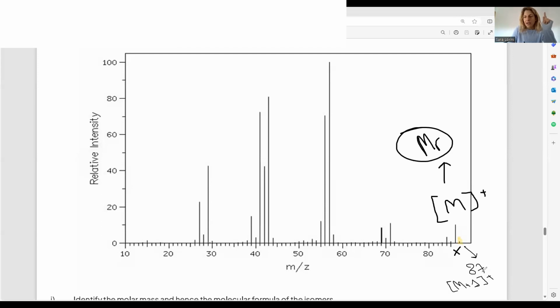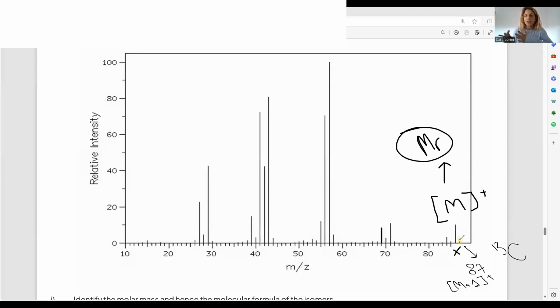The only reason why you have an M+1 is because of the carbon-13 isotope. Because you only have a very low relative abundance, and as we know, carbon-13 is very low in relative abundance. So this is a very tricky question because we might not think about it directly.